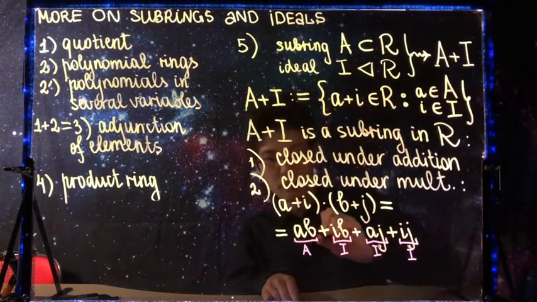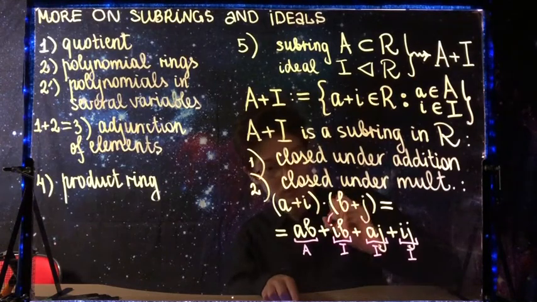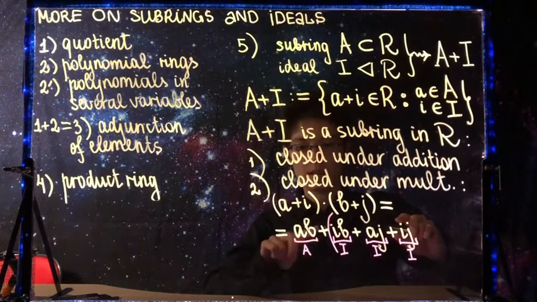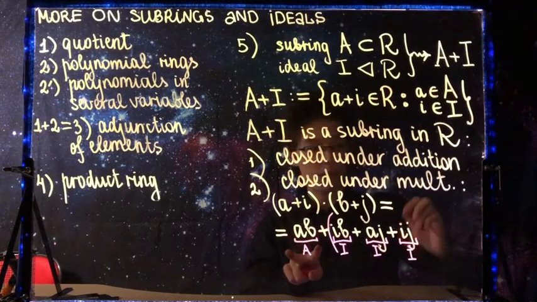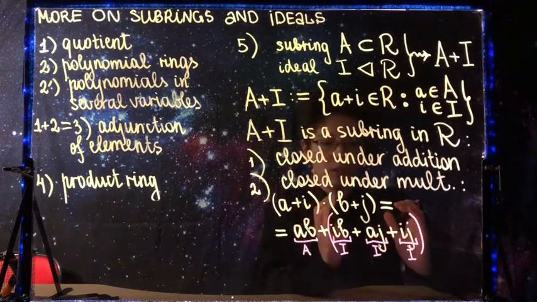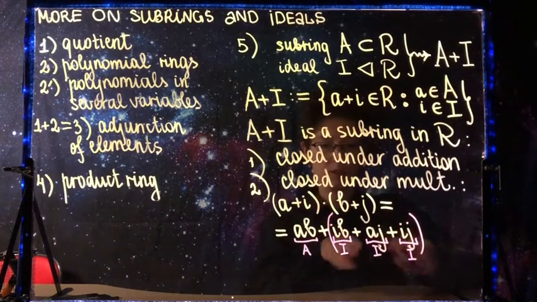So we have written this product as a sum of two elements, one from A and another from I. So this whole sum lives inside of A plus I.